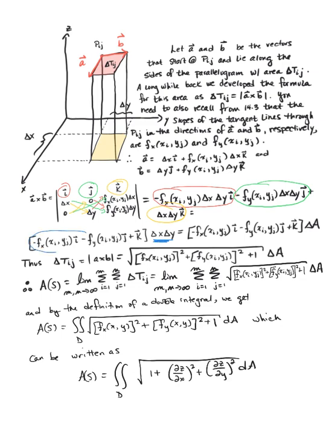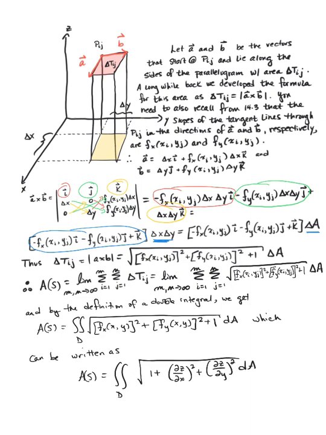So you end up with this, and we know that that is just delta A. Therefore, we have that delta T sub ij is equal to the magnitude of the cross product A cross B. I just got the cross product, so the magnitude of that, you don't need the negative because you're squaring it, would be the square root of the partial with respect to x squared plus the partial with respect to y squared plus 1, times delta A.